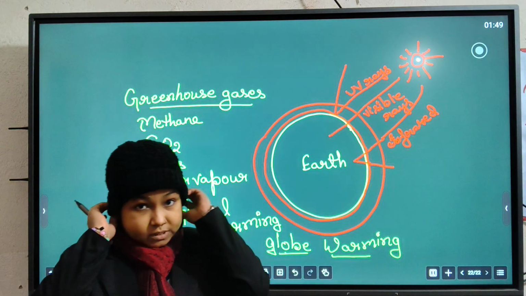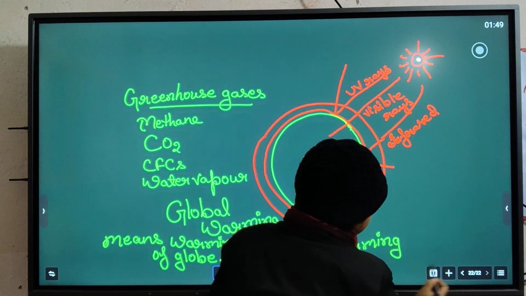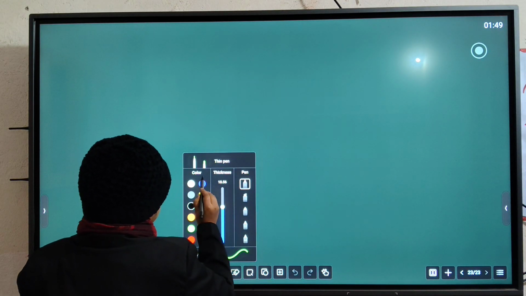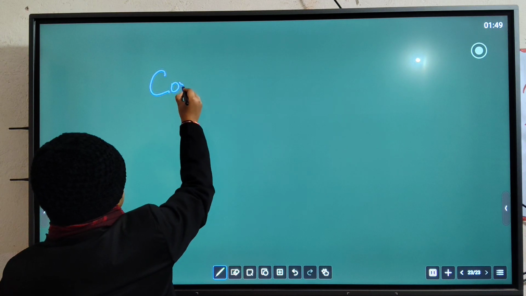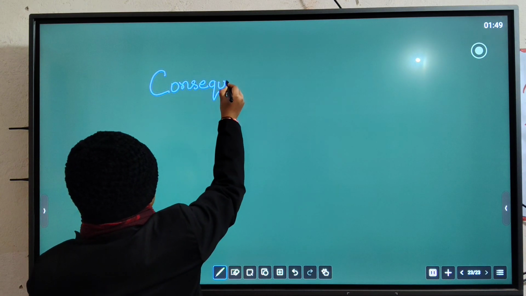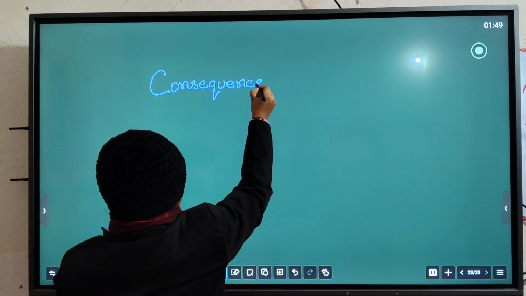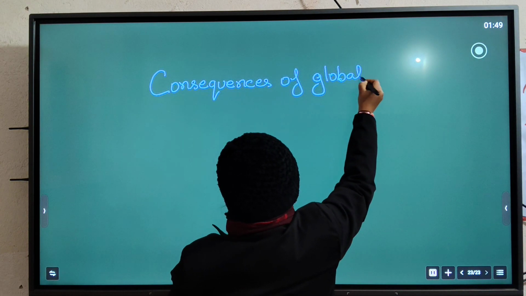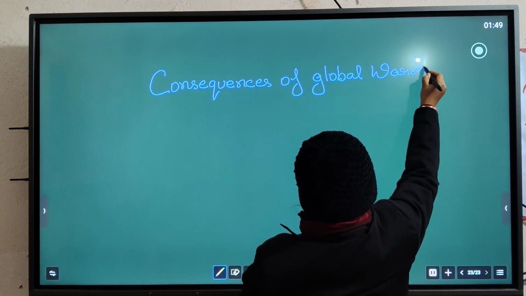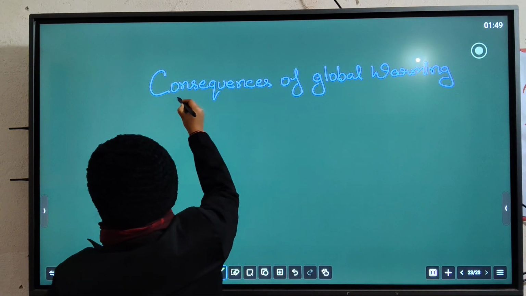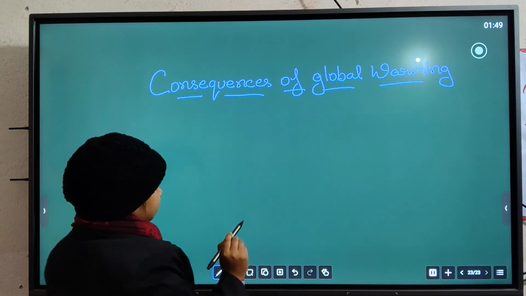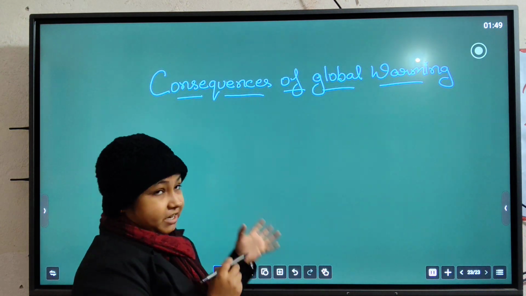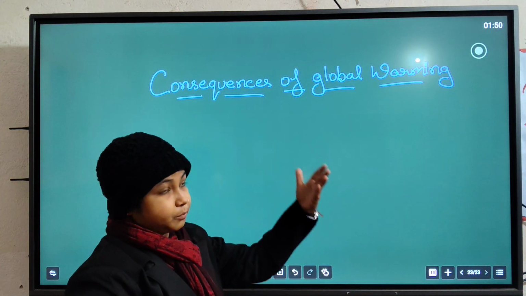Let's discuss what the consequences of global warming are. When global warming happens, it affects our glaciers, our snowy areas, our North Pole and South Pole.